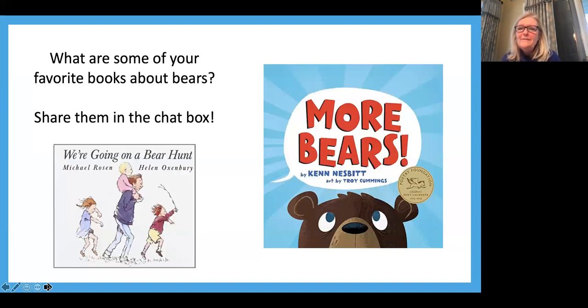More Bears. If you haven't seen that book, it's a fun book to get children interested in writing, because it's about an author and he's writing a book, and in the book he goes, there are no bears in this book, none. And then all of a sudden he hears a voice that says, more bears. And he's like, where did that come from? So he starts writing and they're like, more bears.